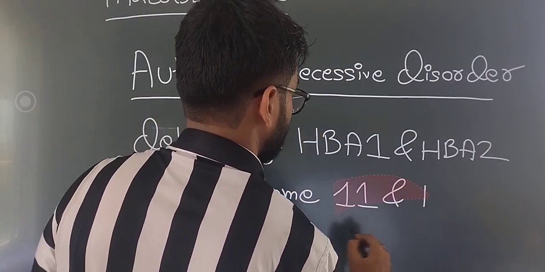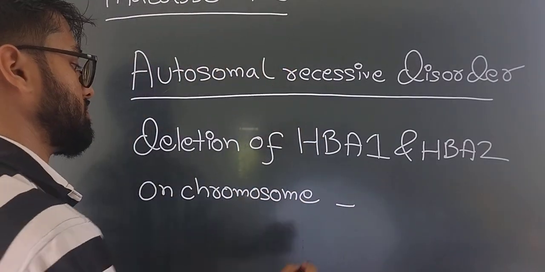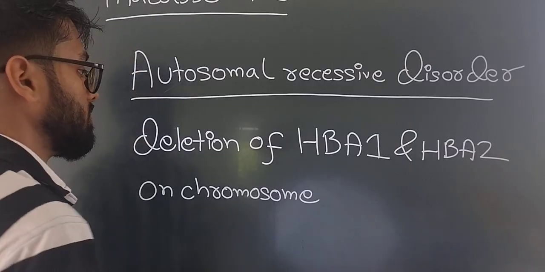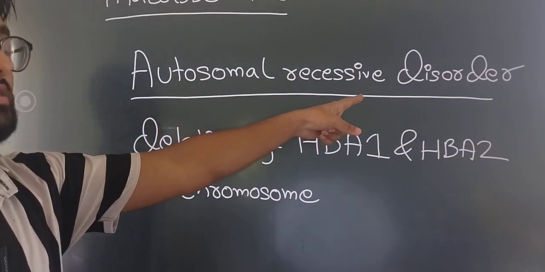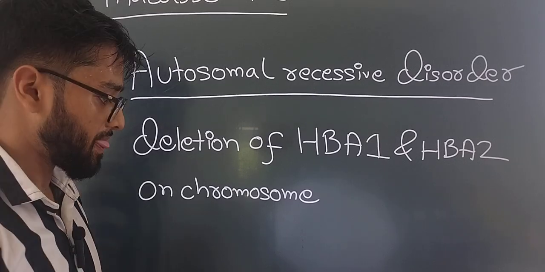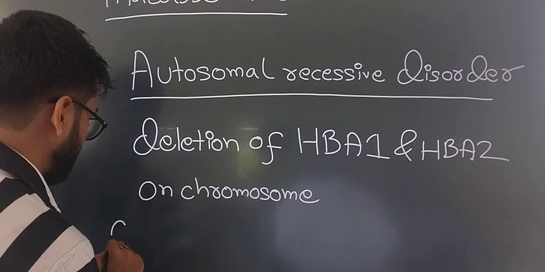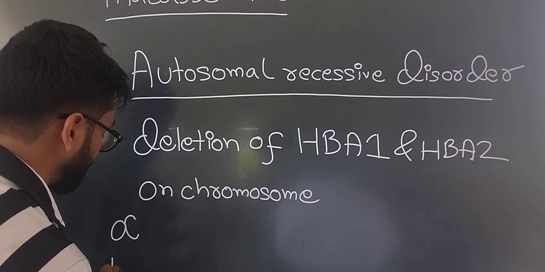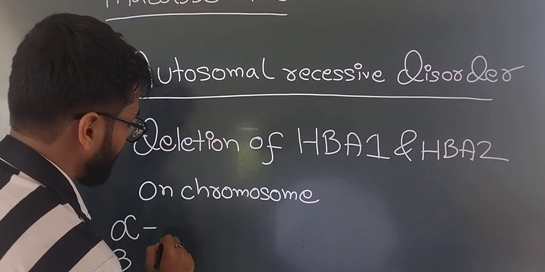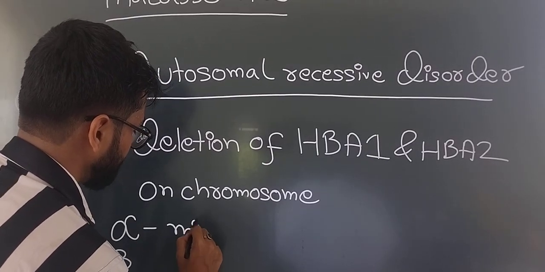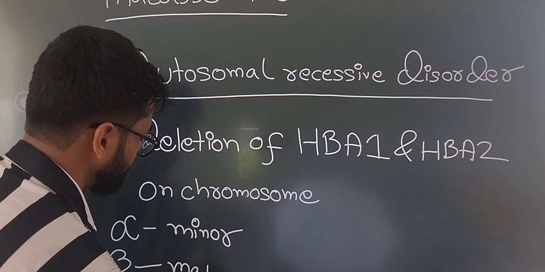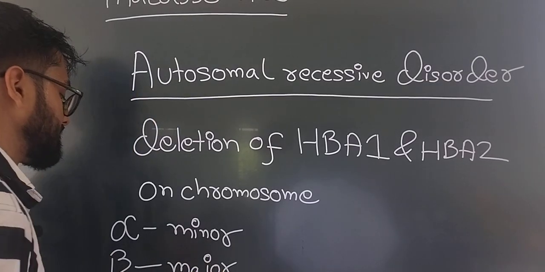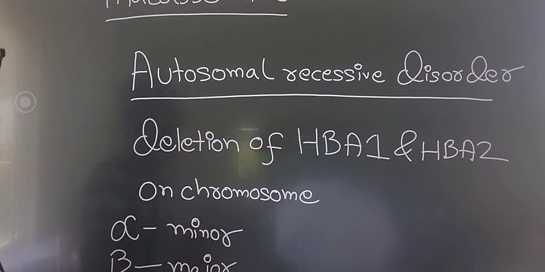You can check it for yourself; I am not entirely sure about the exact chromosome, but we do know that this is an autosomal recessive disorder, and there are two types. You will see an alpha form and a beta form. Alpha will be the minor form, whereas beta will be the major form. That is alpha thalassemia and beta thalassemia.